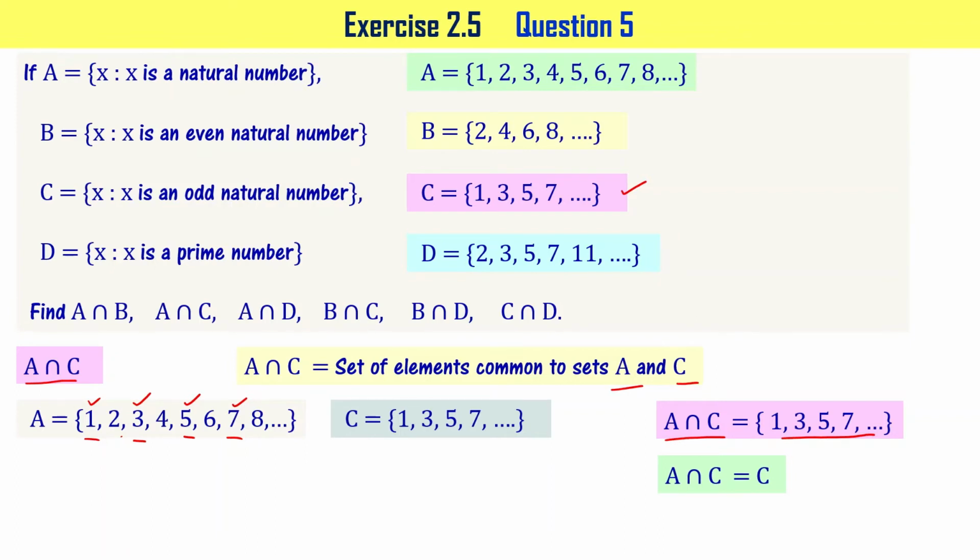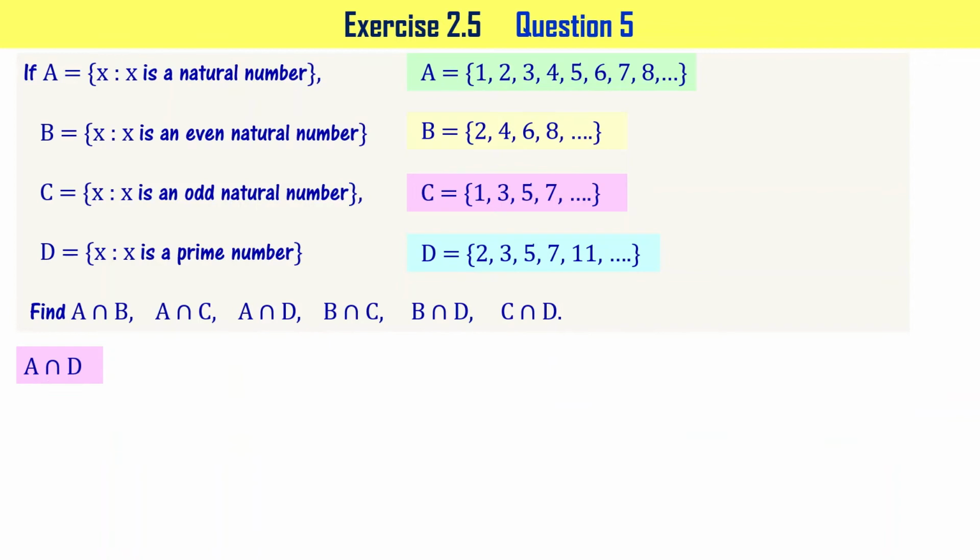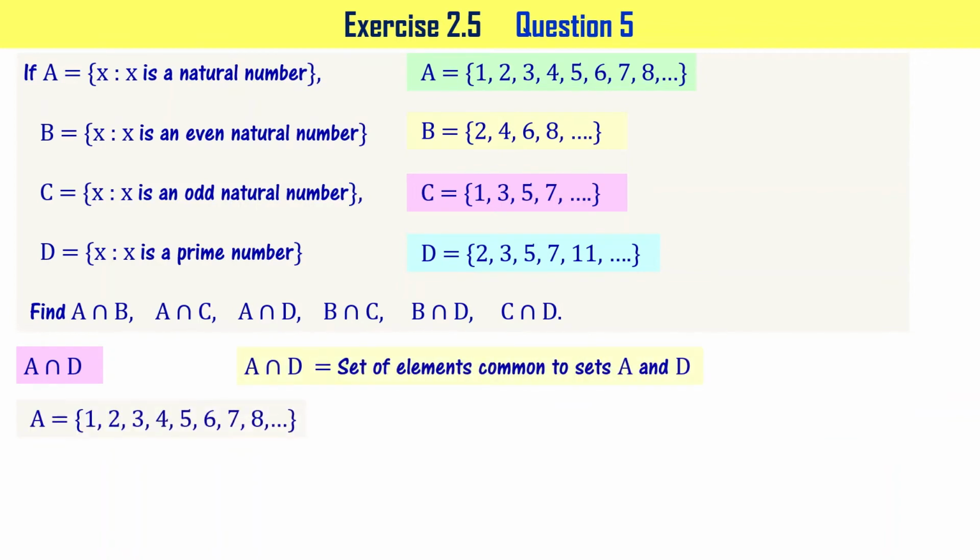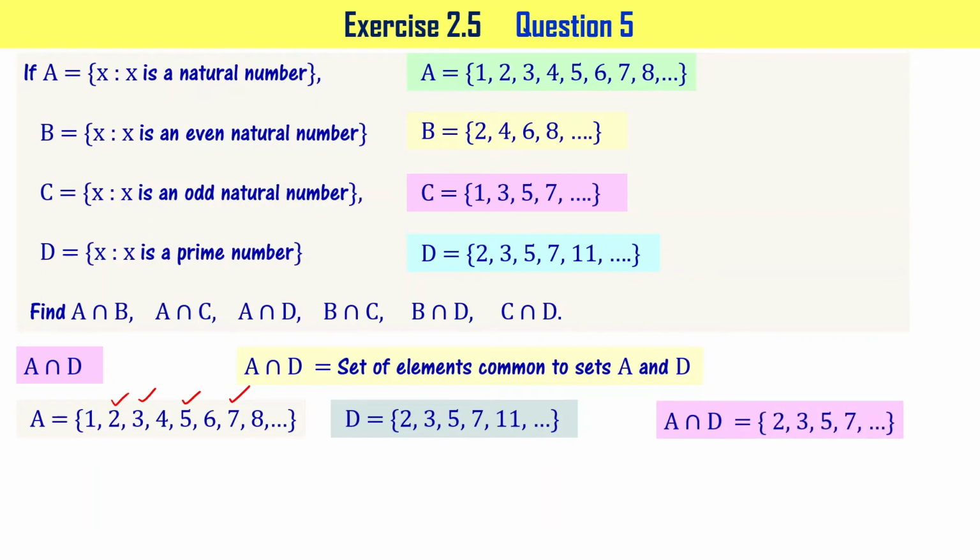Now let's go to A intersection D. Let's write A and D and see what are the common elements for both the sets. As you see here, 2 is common, 3 is common, 5 is common, 7 is common, 11 will also be common, right? Now, let's write the elements which are common to A and D. Those are 2, 3, 5, 7 and so on, right?